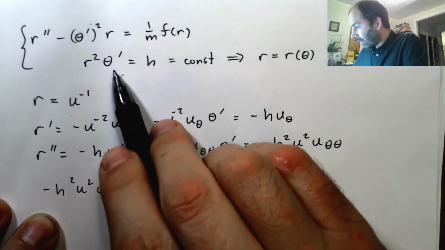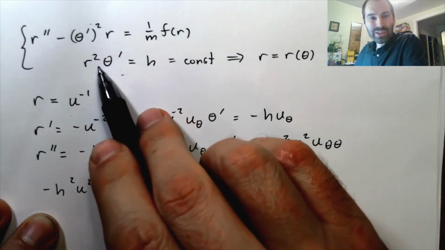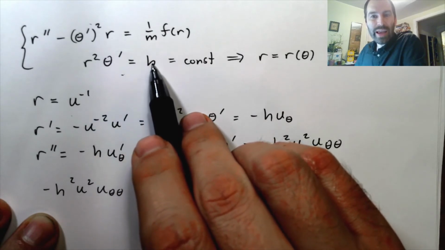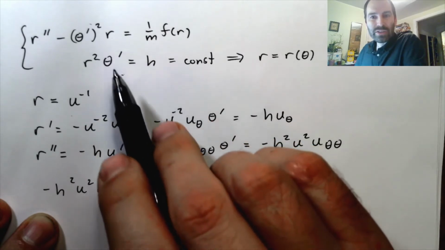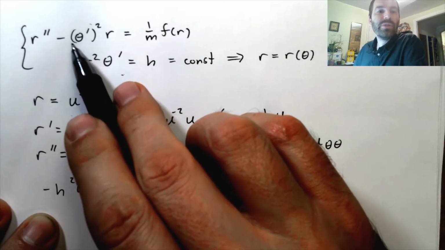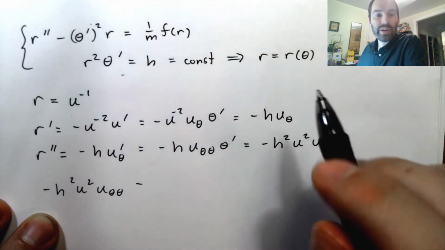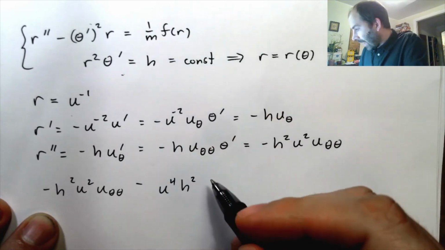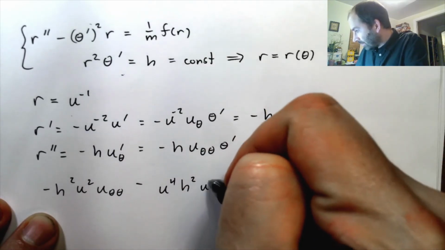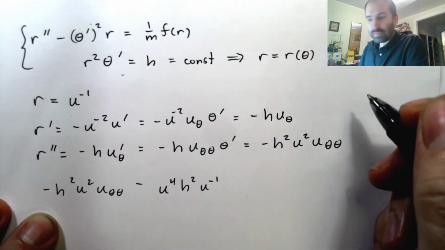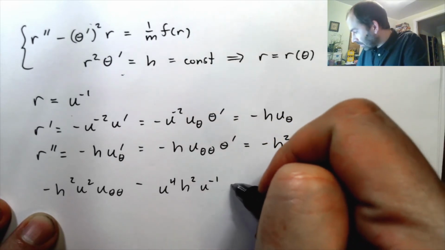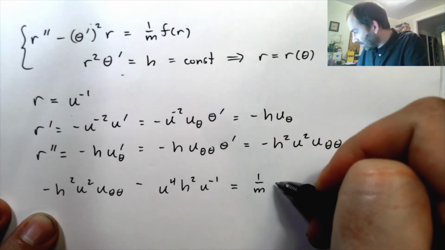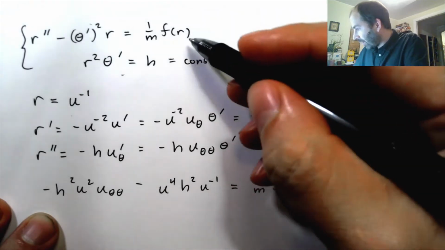But remember, again, theta prime is just u squared h. So this is u to the 4th h squared times r. And r is u to the negative 1, or 1 over u.